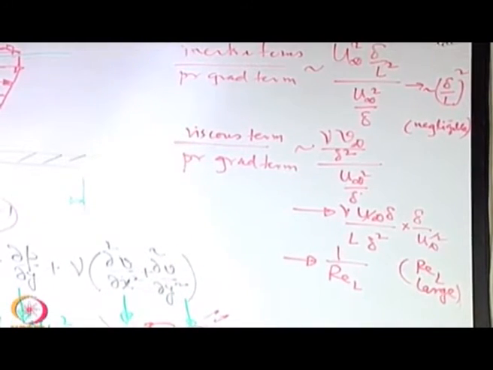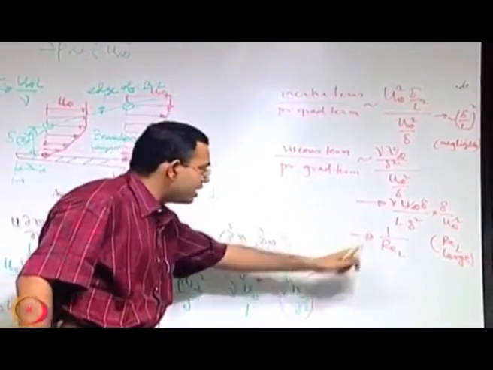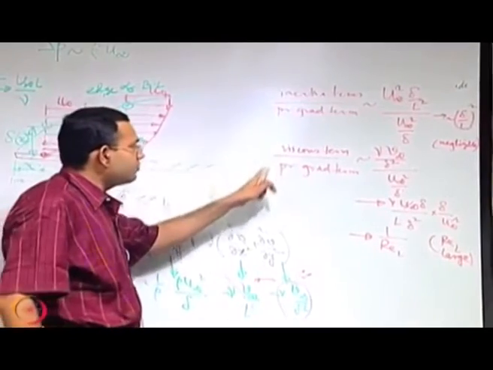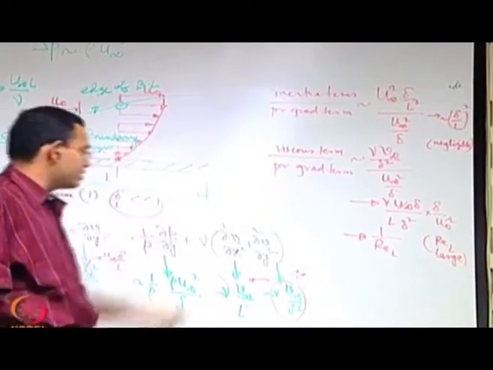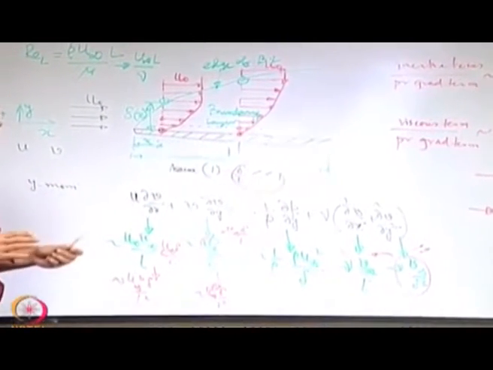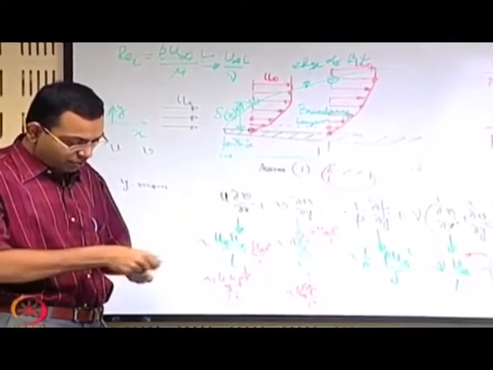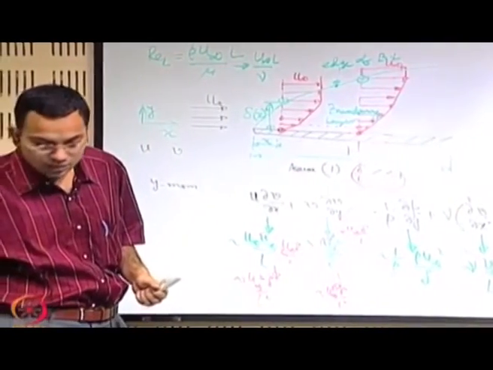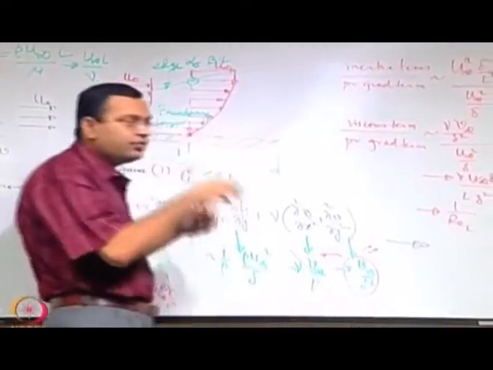Now when Reynolds number is large, that means that the viscous term by the pressure gradient term is small. That means whatever will be dominating in this equation, if at all something dominates, is only the pressure gradient term. So from this the important conclusion is that within the boundary layer, so all these order of magnitude estimates we are writing within the boundary layer.